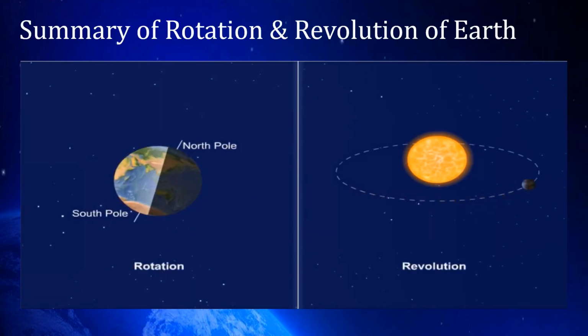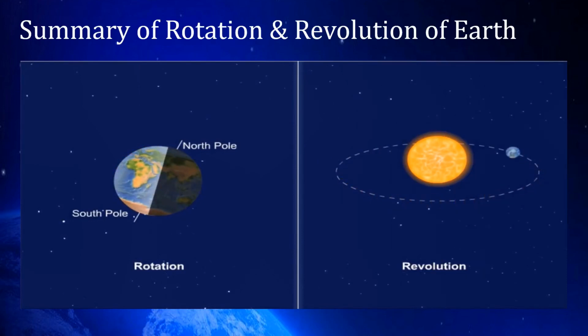Children, when the earth rotates around itself on its own axis, it is called rotation, and when the earth revolves around the sun on a fixed path or orbit, it is called revolution. Again I repeat, when the earth rotates around itself on its own axis it is called rotation, and when the earth revolves around the sun on a fixed path or orbit it is called revolution.